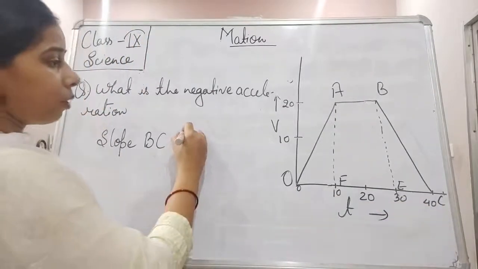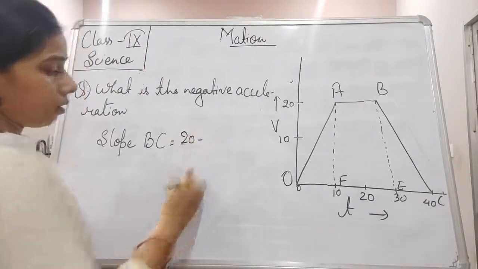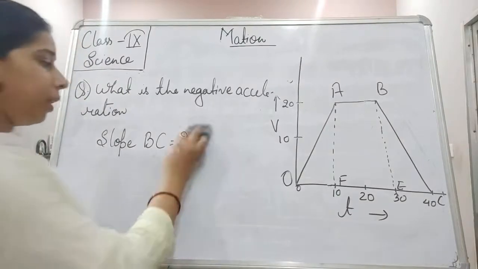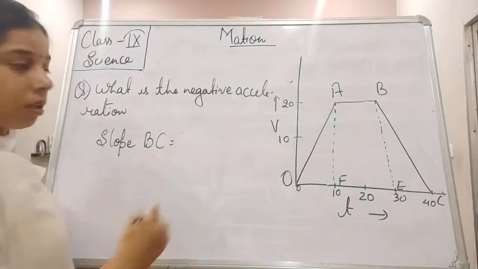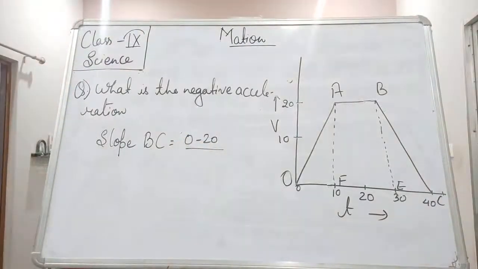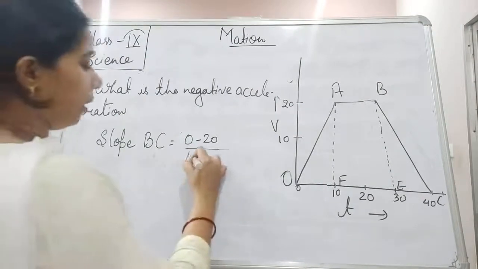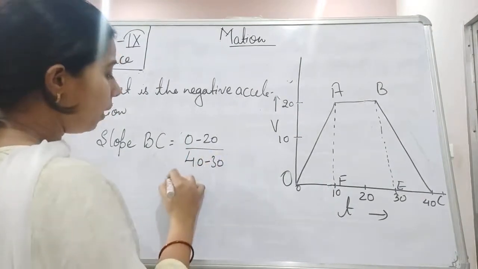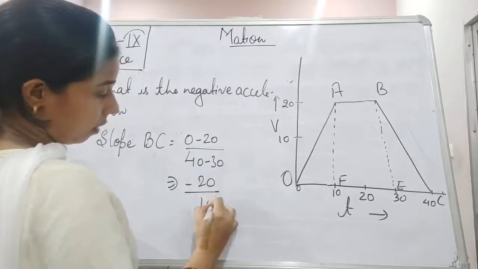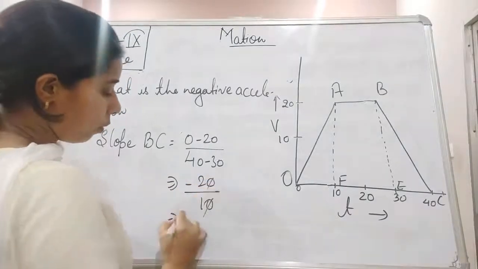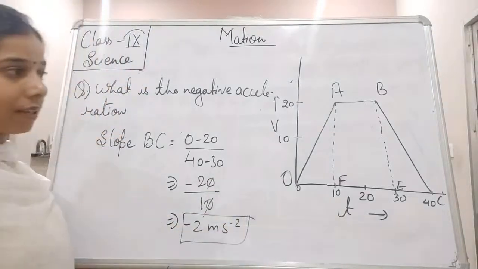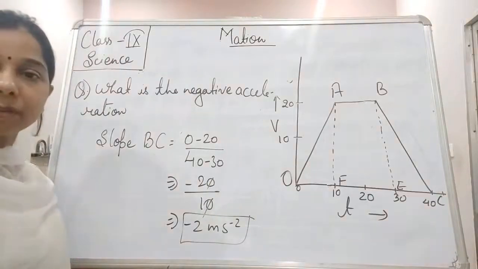So simply we will do 0 minus 20 upon 40 minus 30. So this will be equal to minus 20 upon 10. And finally it will be equal to minus 2 meter per second square. This is the negative acceleration in this graph. Okay.